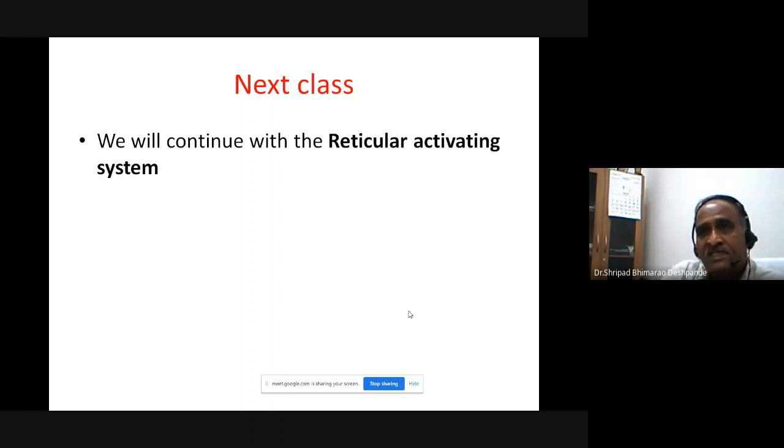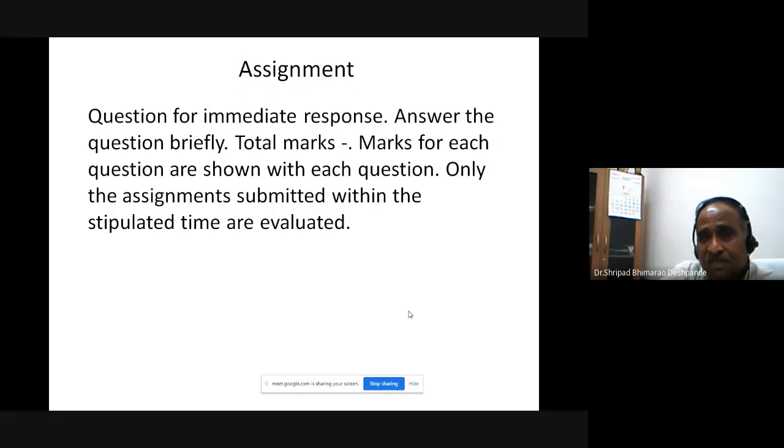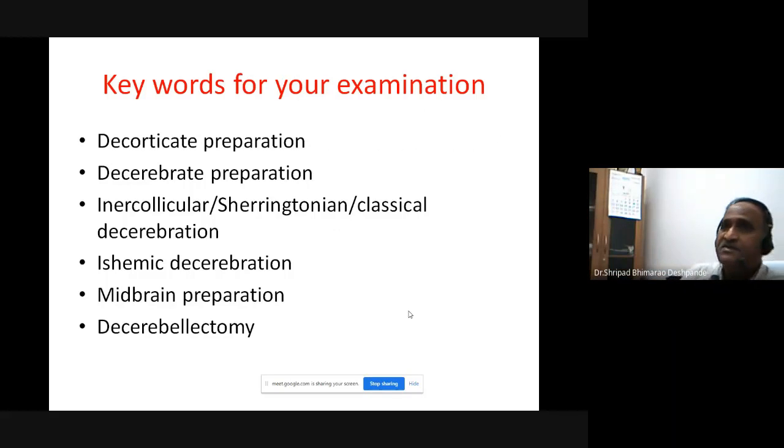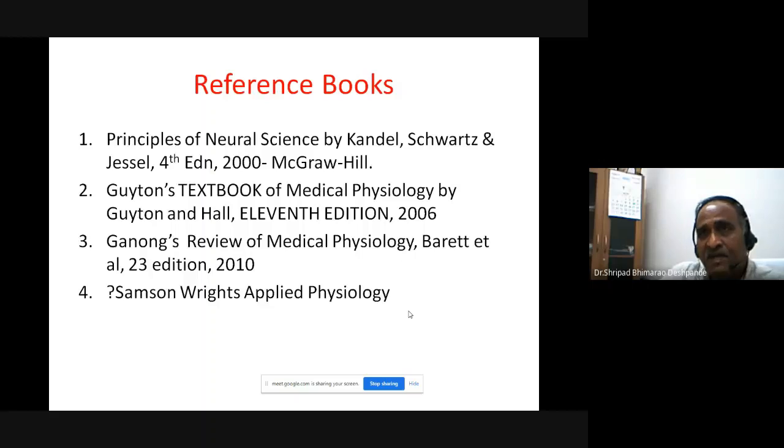Next class we will go on to the reticular activating system tomorrow, and till that time I am not giving you any assignment. You just read about whatever the keywords are, and try to prepare them. These are taken from Guyton, Ganong, Samson Wright's Applied Physiology, and Kandel's neuroscience.